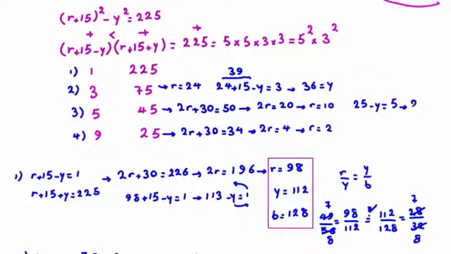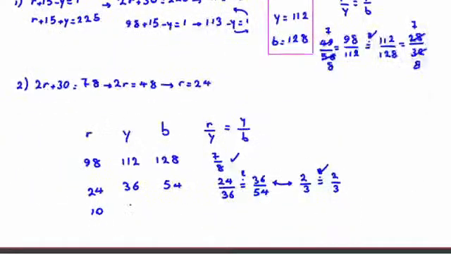So 25 minus 5, 20 equal to Y. Okay. So 20 equal to Y, and B is what? B is R plus 30 from the assumption of the problem, 40. Now if we check R over Y, it's 10 over 20, 1 over 2. Is it equal to Y over B, 20 over 40? Both of them equal to 1 over 2.